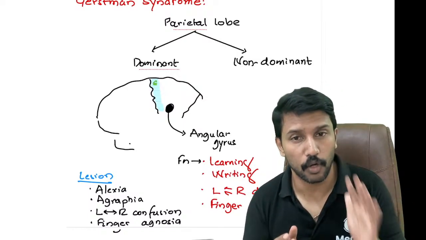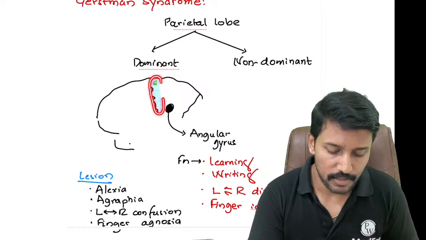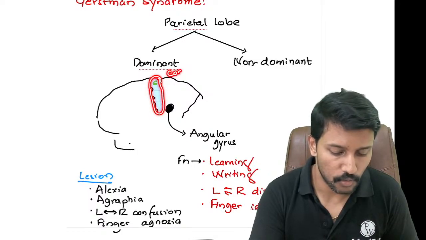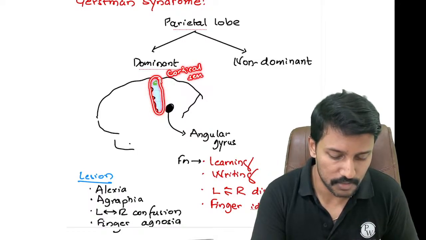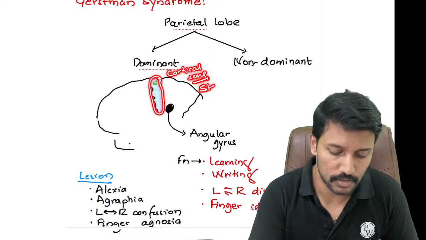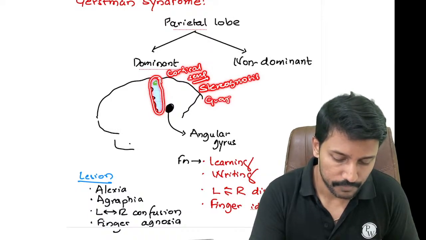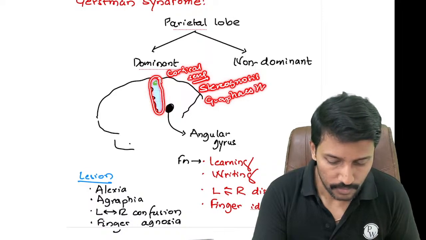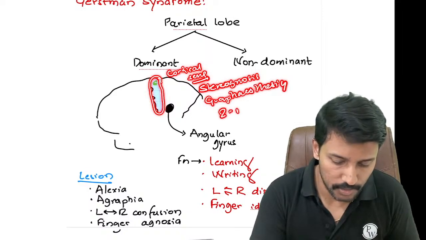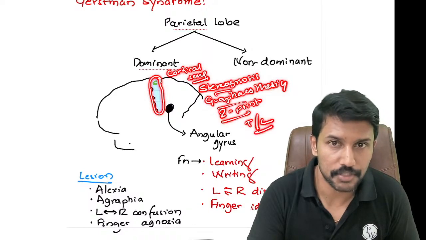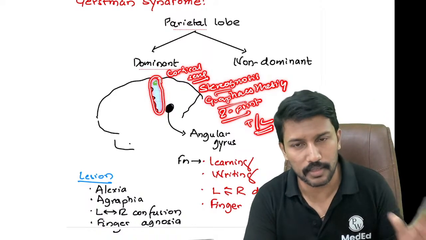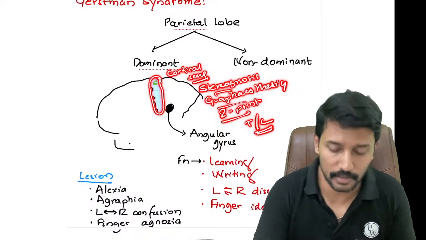So what are the functions of the dominant parietal lobe? The sensory cortex is there. So you have what is called cortical sensations, which is the function of the dominant parietal lobe, which includes stereognosis, right, graphesthesia, then 2-point discrimination. These are all cortical sensations. Tactile localization. These are all cortical sensations, which is a function of the dominant parietal lobe.